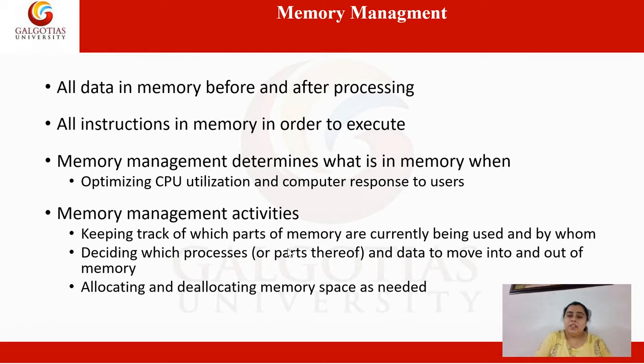So memory management determines what is in the memory, and how it can optimize the utilization of the CPU. It keeps track of everything related to the memory: which locations are free and which are not, whether to allocate space to a process or not, deciding which process is going to get the CPU, and which process is going to get a particular memory location. All these are done by memory management.